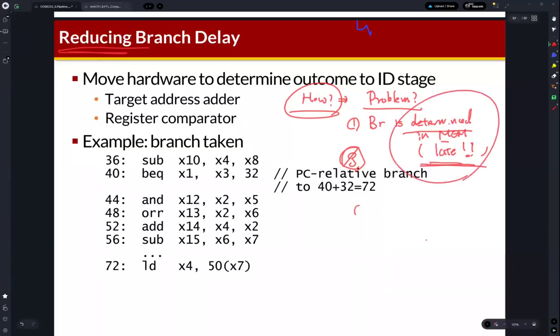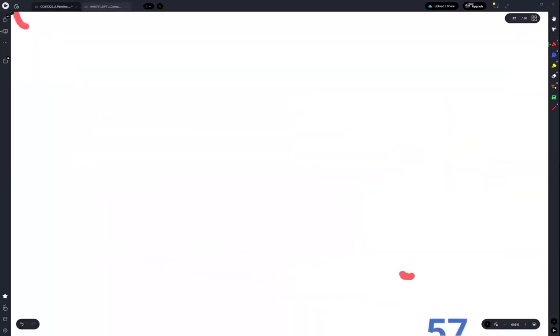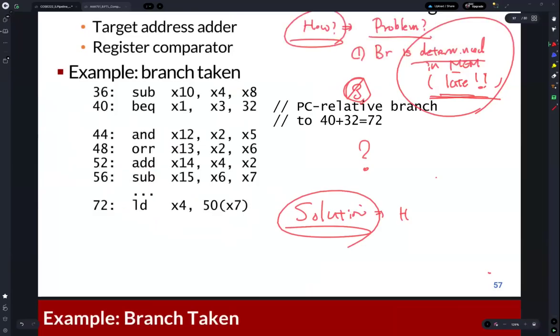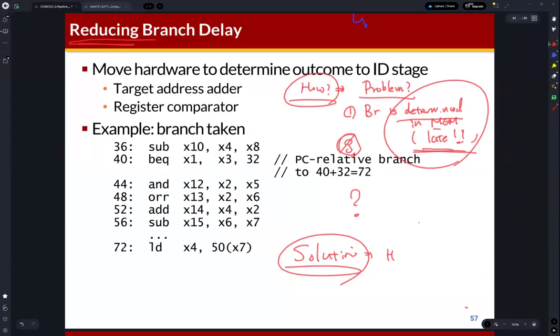The problem is that the branch is determined late, and the solution is that if we can determine the result of a branch instruction earlier, then we can reduce the wasted cycles, right? And how can we determine the result of a branch instruction?